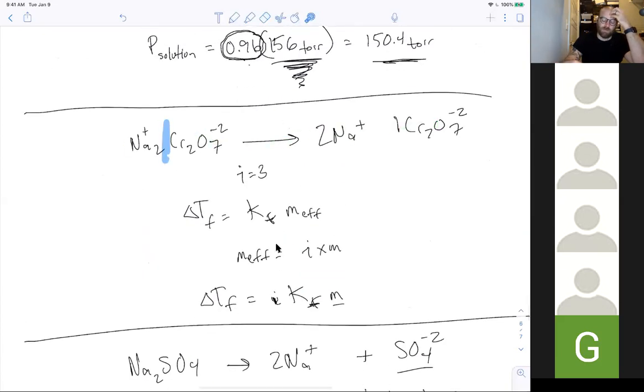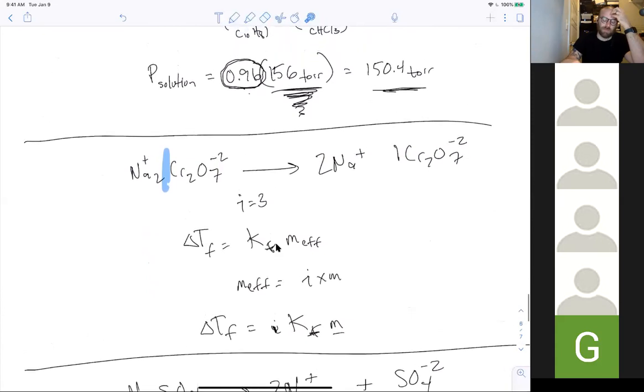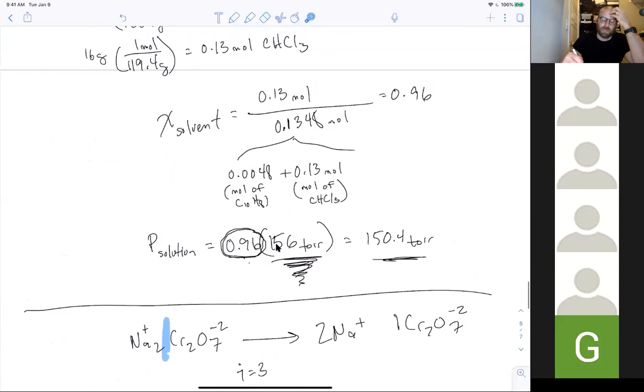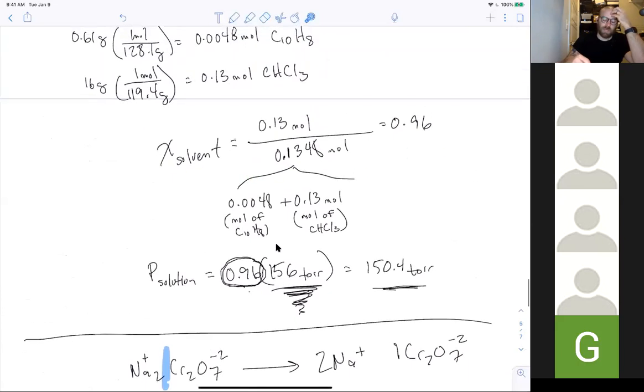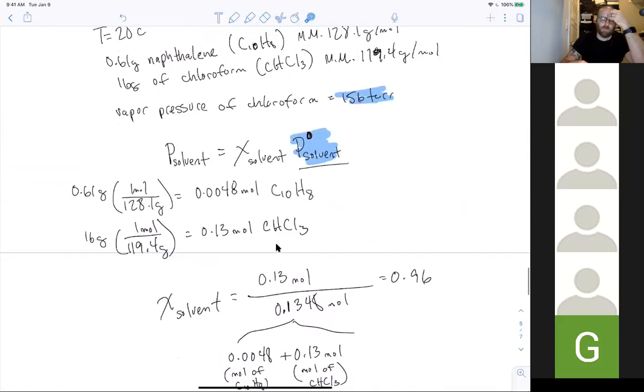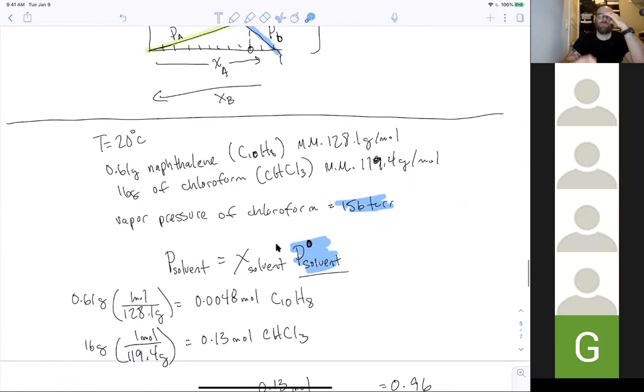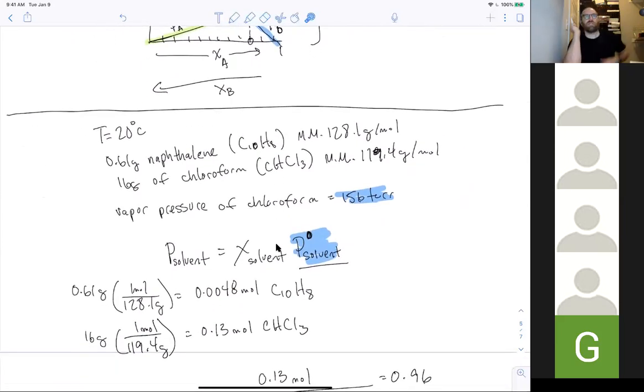But if you understand the chemistry portion of it, like how the ionic things break up and where i comes from, these equations are generally straightforward to make corrections on. If you're thinking about things a little bit wrong, it's pretty easy to correct that. The molecular mass one was kind of hard, and this graph was kind of weird, but there are simple fixes because the relationships are nice and linear, and there's only one or two steps.